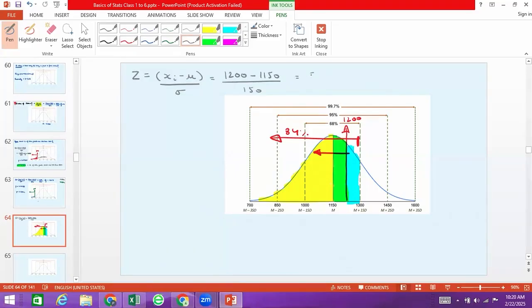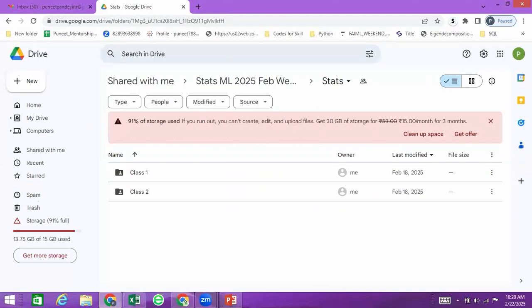It is 50 by 150. That is 1 by 3. That is 0.33. All I have to do is look for the p value associated with 0.33.